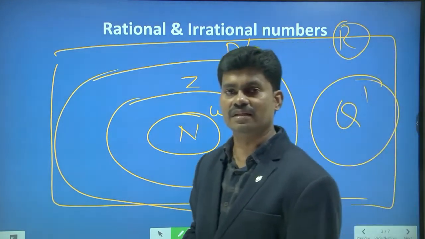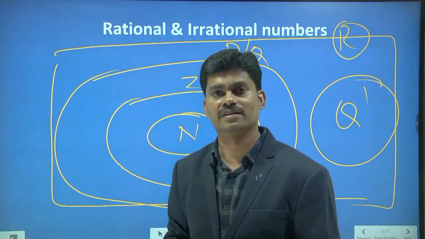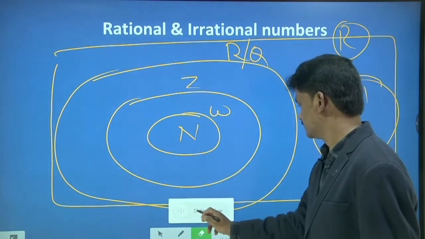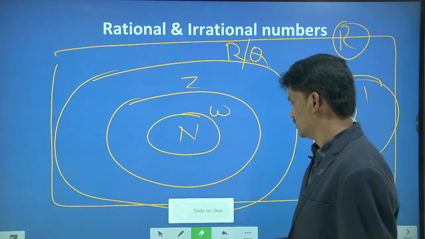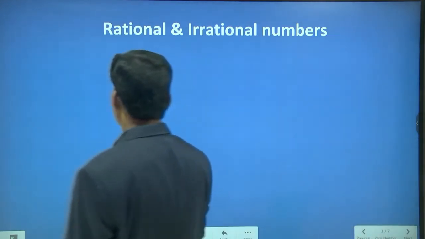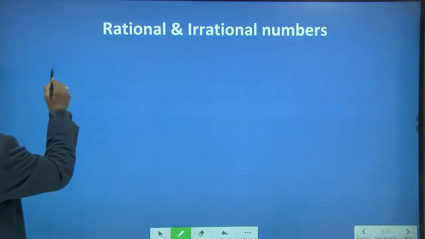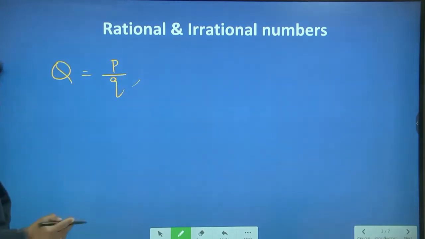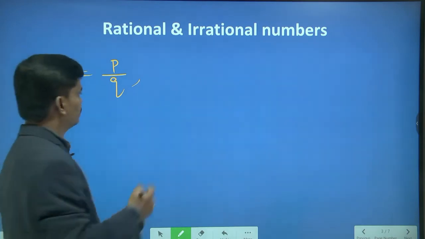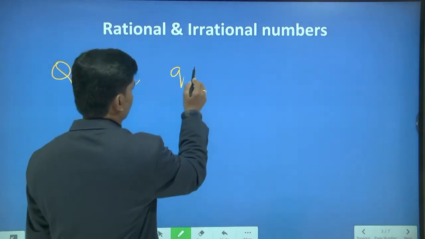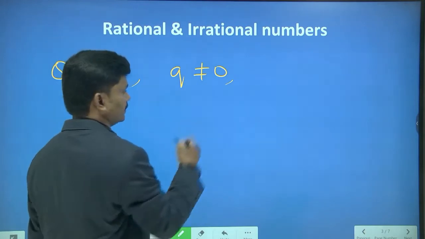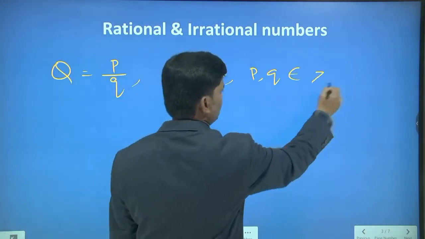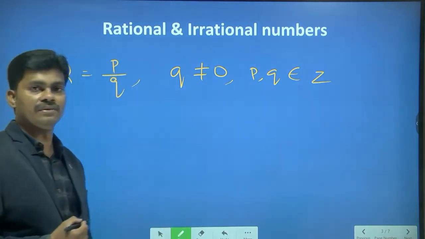Now let us define rational numbers correctly. Generally, a rational number is in the form p by q, which we have learned since 6th class, where q should not be 0, and p, q are integers.